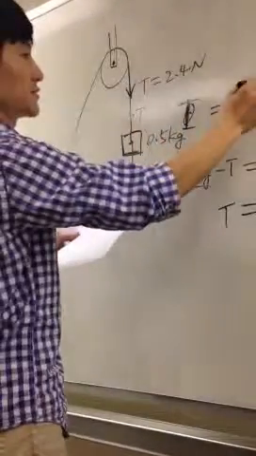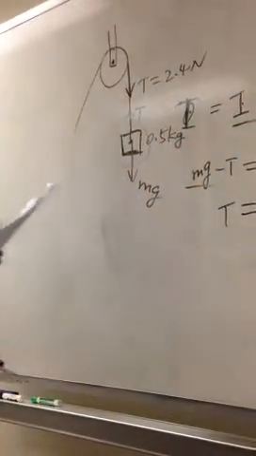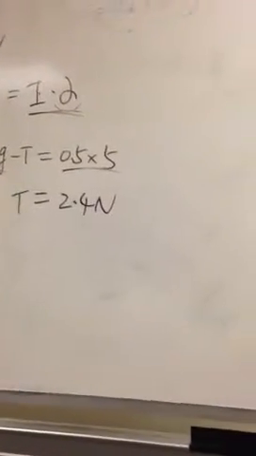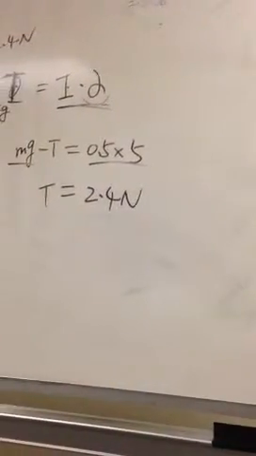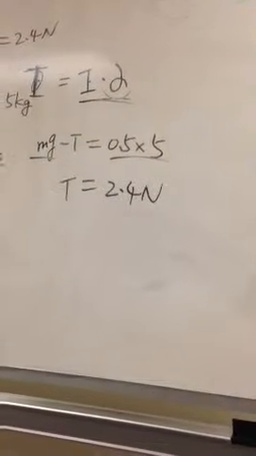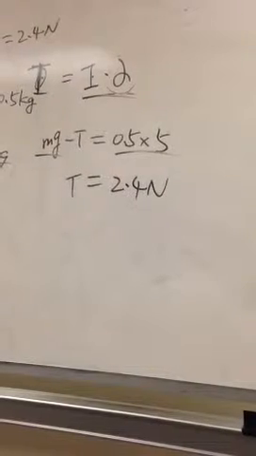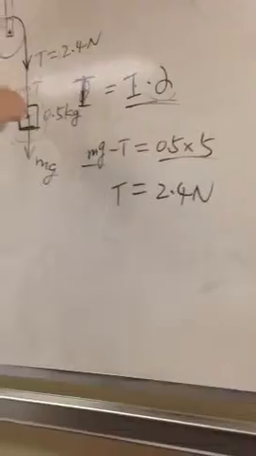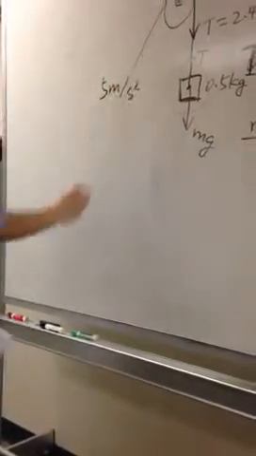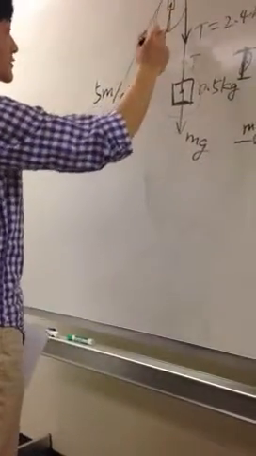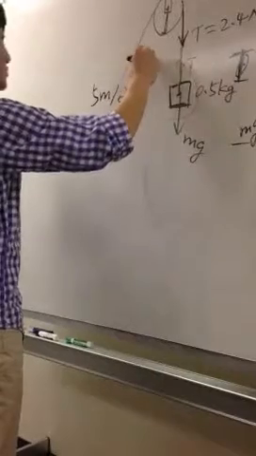Oh, the alpha times I, but in order to change that, it has to be A over R, because otherwise you'll have 3 unknowns instead of 2. The conversion between alpha and acceleration is A over R. We know that right now the acceleration is 5 meters per second squared, and we know the radius is 0.2 meters.